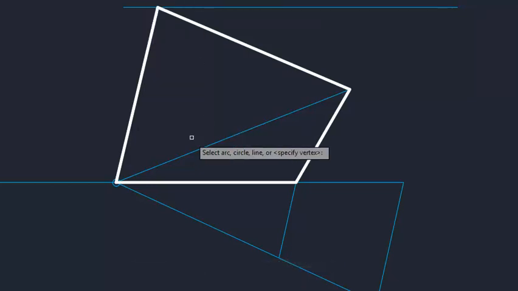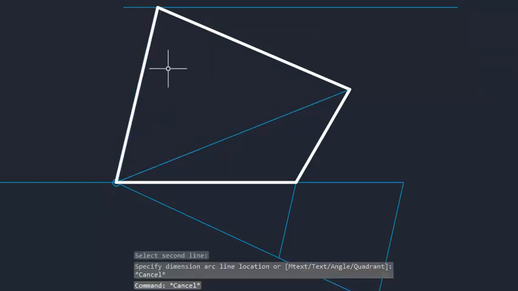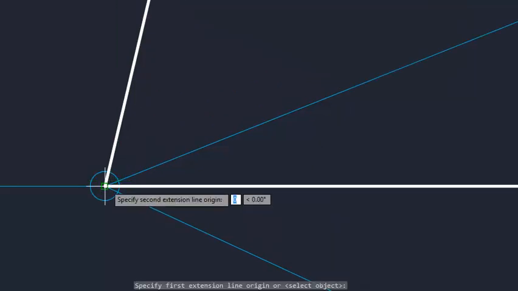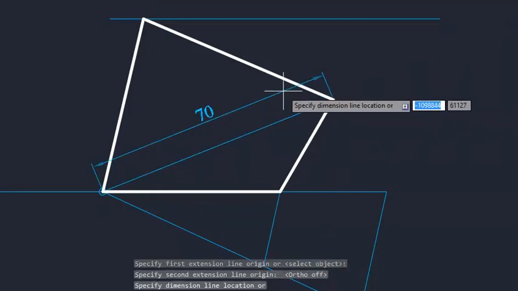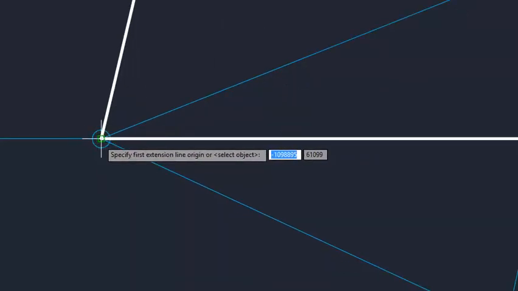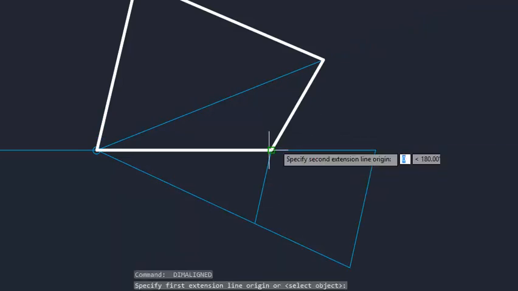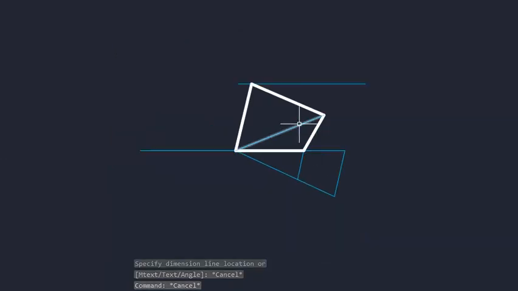Can you check? This angle is 55, and the length AC is 70. Then these two sides are in the ratio of 5 to 3. This is 50 and this is 30. If you reduce them by 2, you will see that the ratio is 5 to 3 exactly.